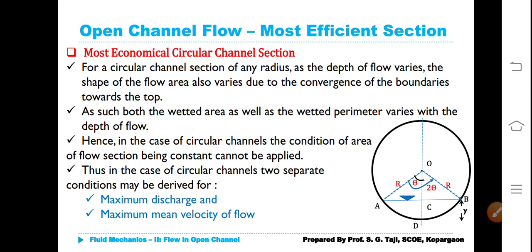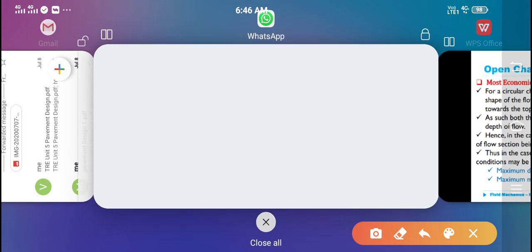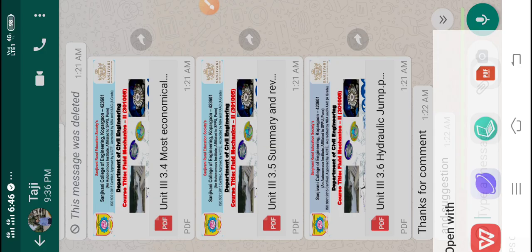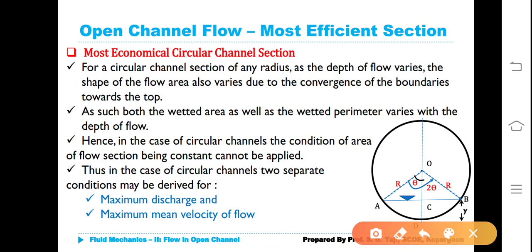Hence, in the case of a circular channel, the condition of area of flow section being constant cannot be applied. You cannot say discharge is constant. Why? Because it keeps on varying from bottom towards the top.